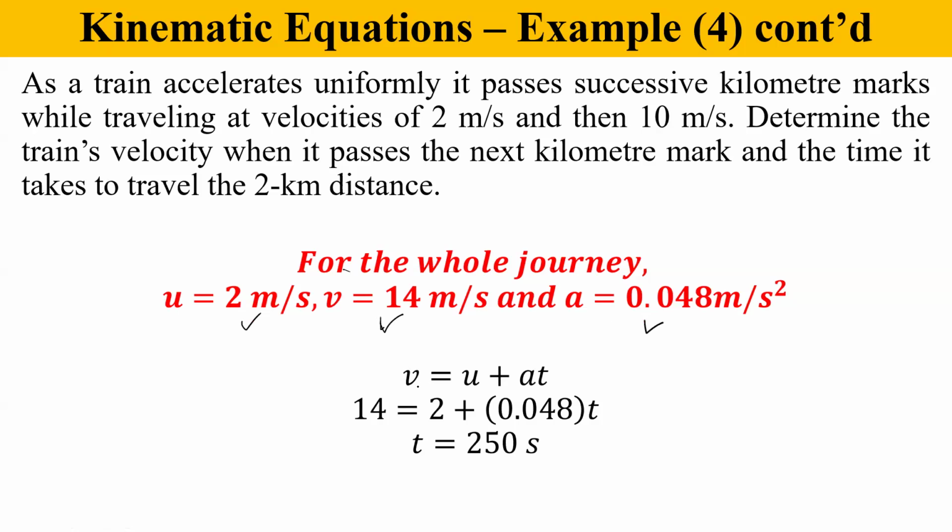So now you can go back to your first equation of motion to get the final time, because you have the initial velocity and the acceleration. For the total distance now, you substitute them back and you transpose. So T is equal to V minus U upon A. Right?